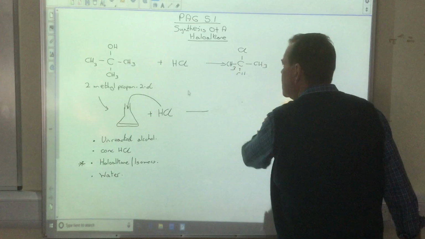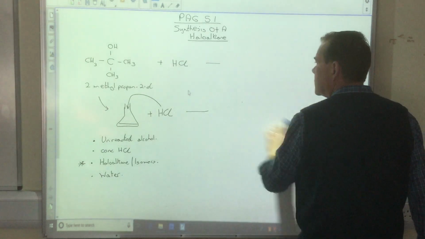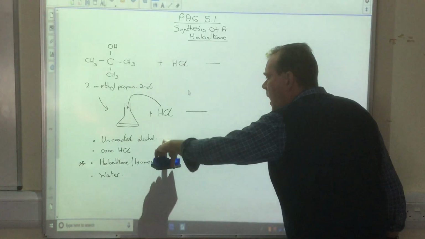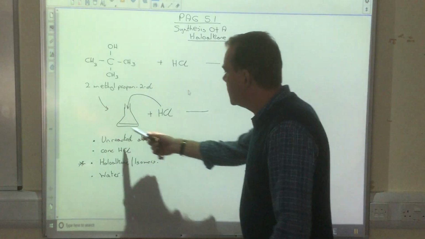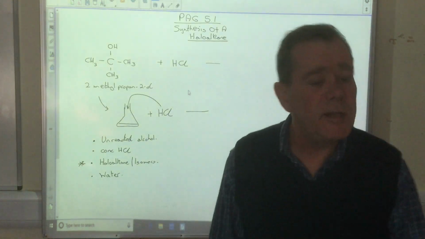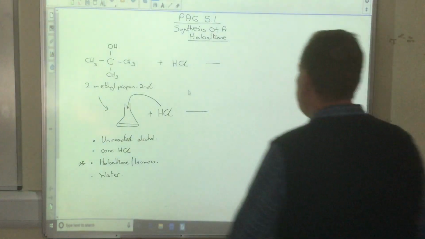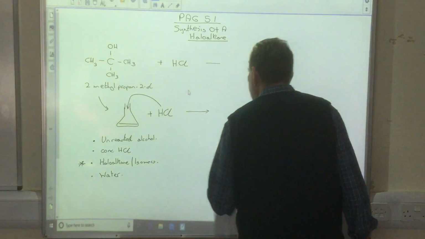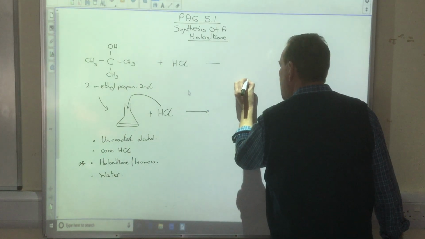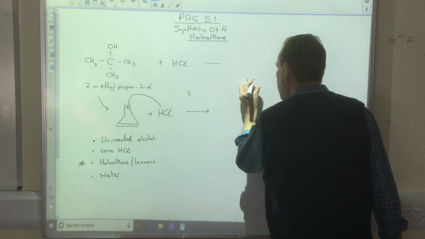So we've finished with this. You know what's made here, right? I want to take this forward. So you take all of this stuff and it goes into a classic piece of kit called a separating funnel, which I will draw for you now.